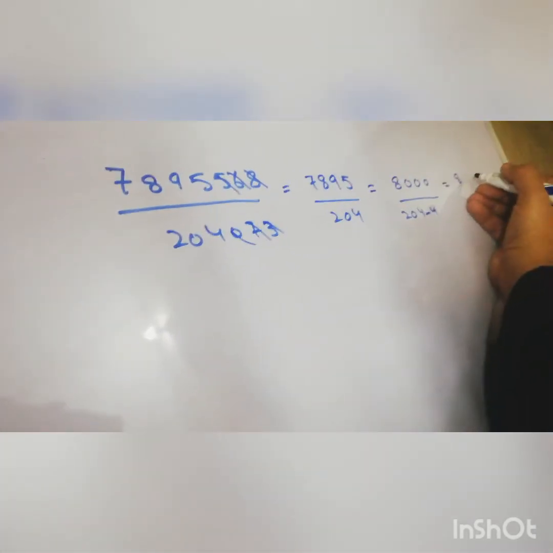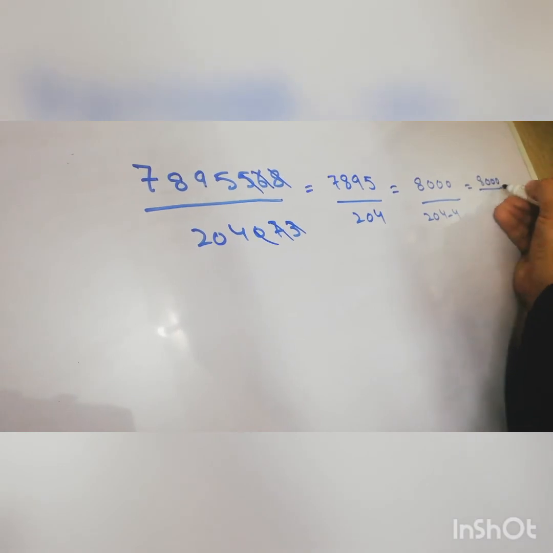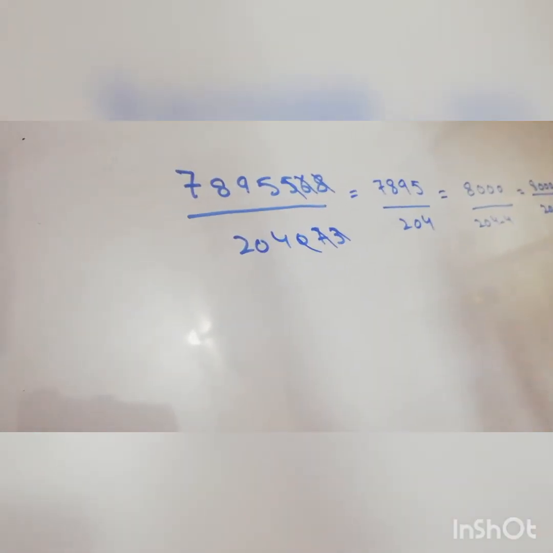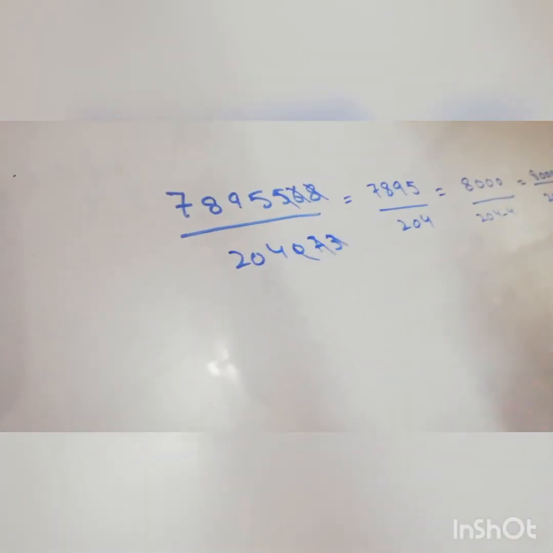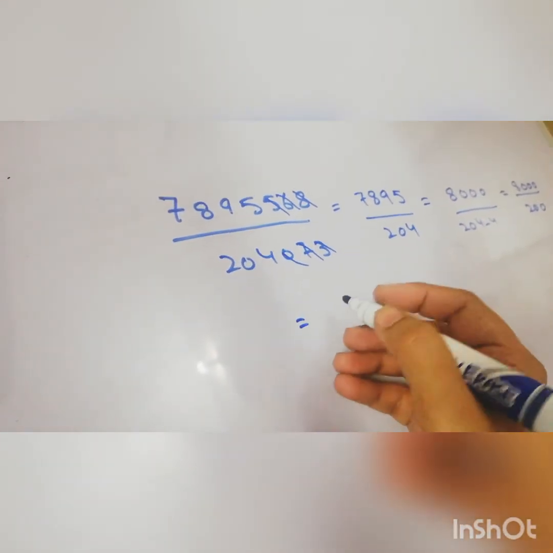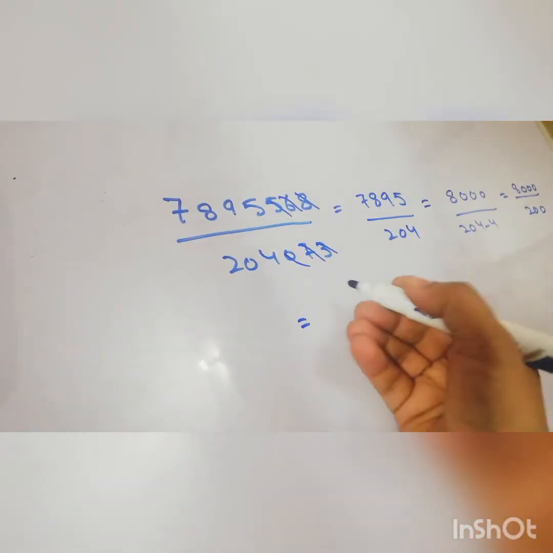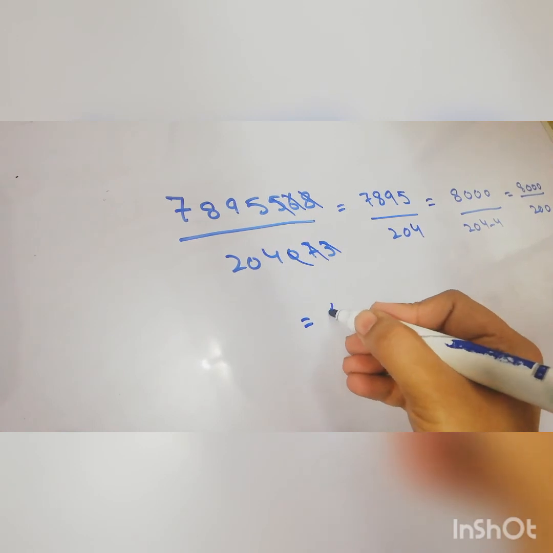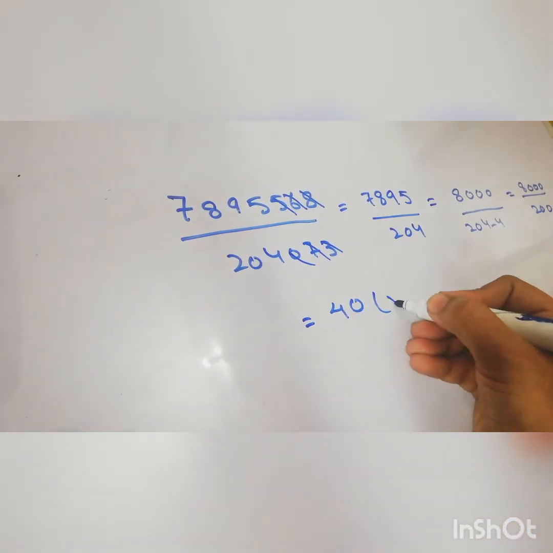So I will approximate 7895 into 8000 and 204 into 200. After approximation and division, I will get 40, and I will follow the same procedure. 40 is my rough answer.